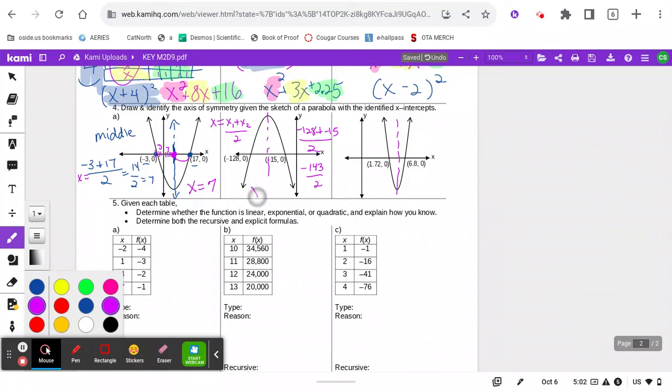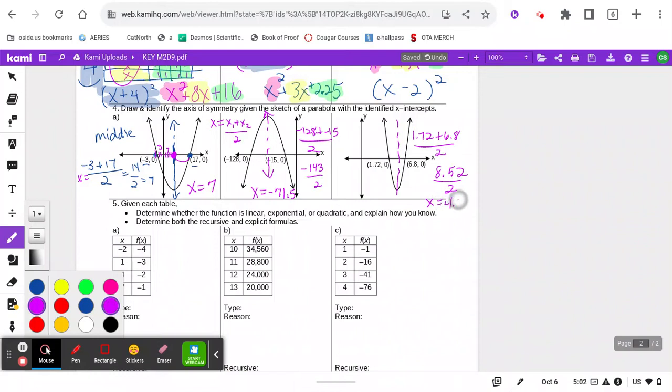And that's going to be x equals -71.5. Ew, that's yucky. Next one is 1.72 and 6.8 divided by 2. That's 8.52 divided by 2.